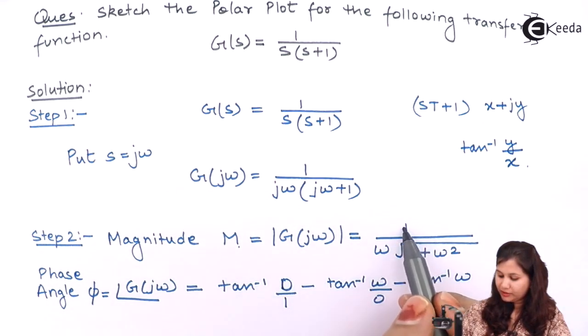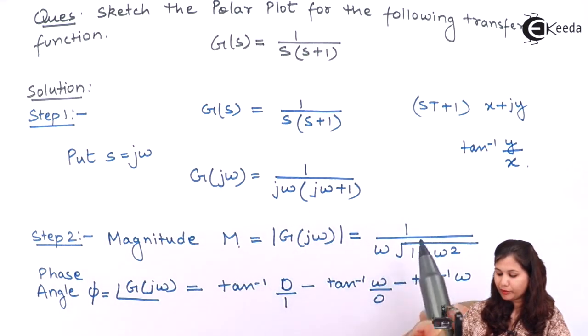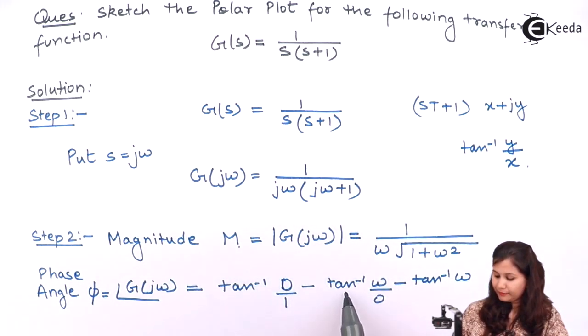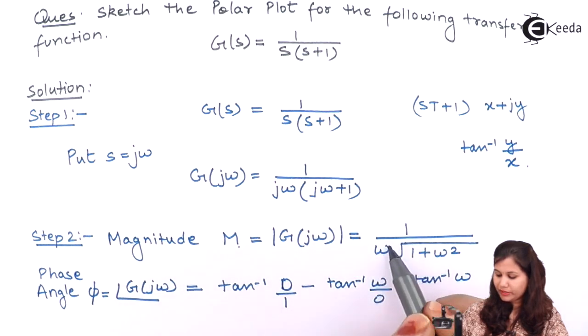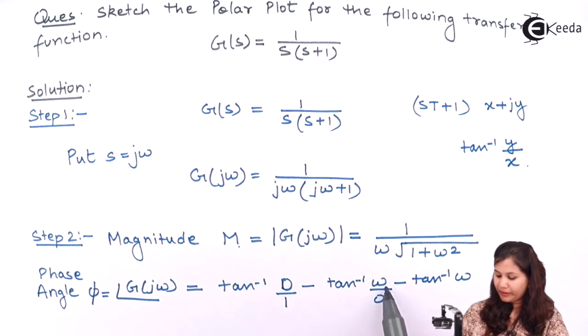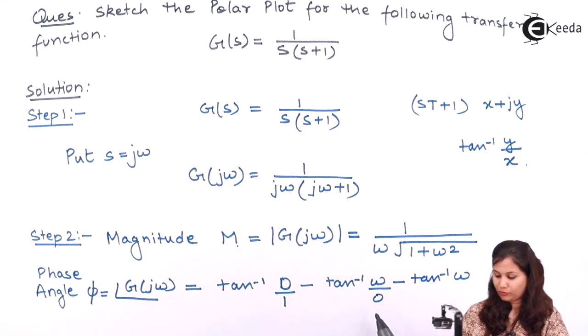If we take the tan inverse of the numerator, the imaginary part is 0, so it will be tan inverse of 0 upon 1. Then the minus sign comes because we are now taking the tan inverse of the denominator part. Here omega is the imaginary part and the real part is 1, so it is minus tan inverse of omega upon 1.